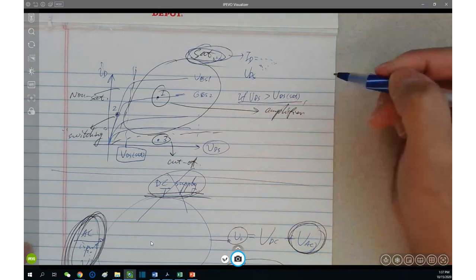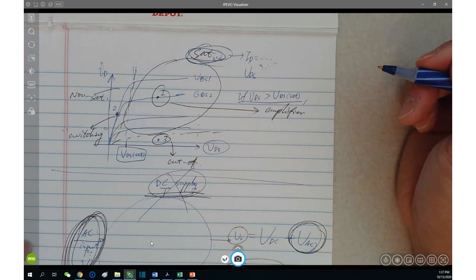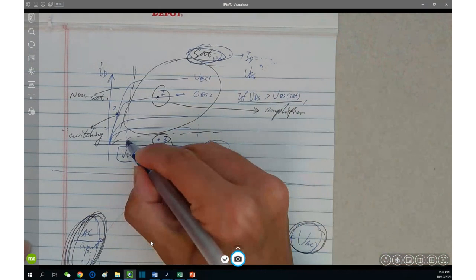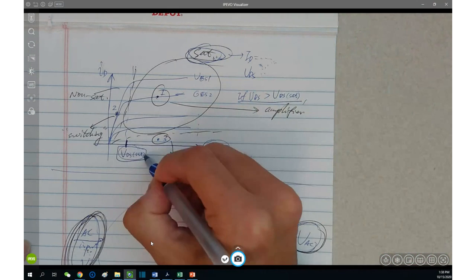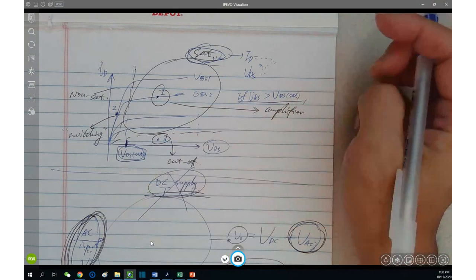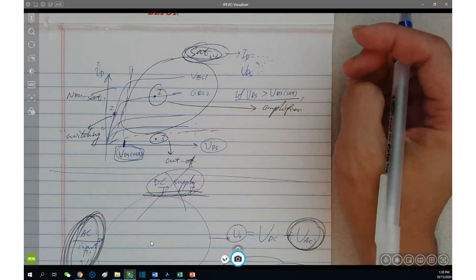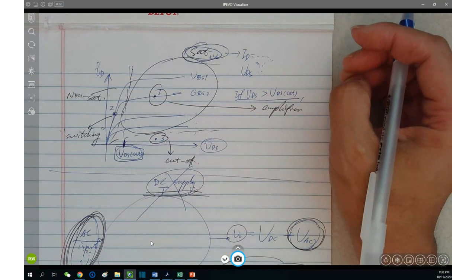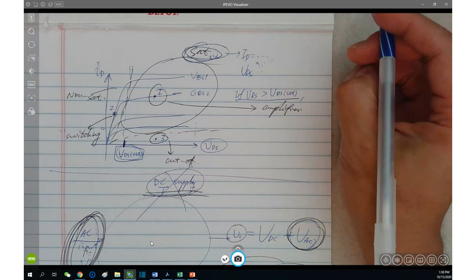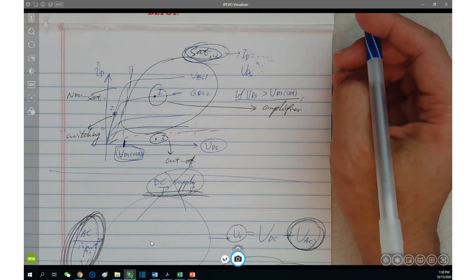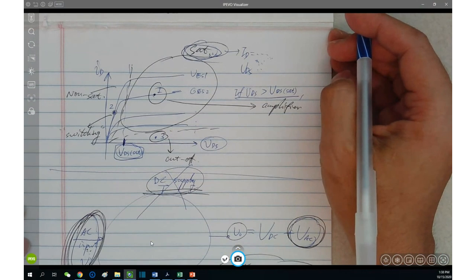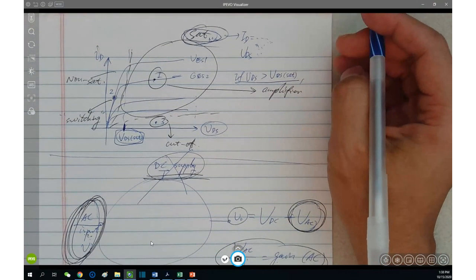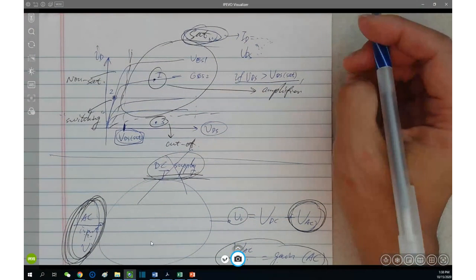What's your conclusion? If your VDS here is greater than this VDS saturation here, what's the conclusion? You're in the saturation region. Exactly, which means your assumption of saturation region was correct.